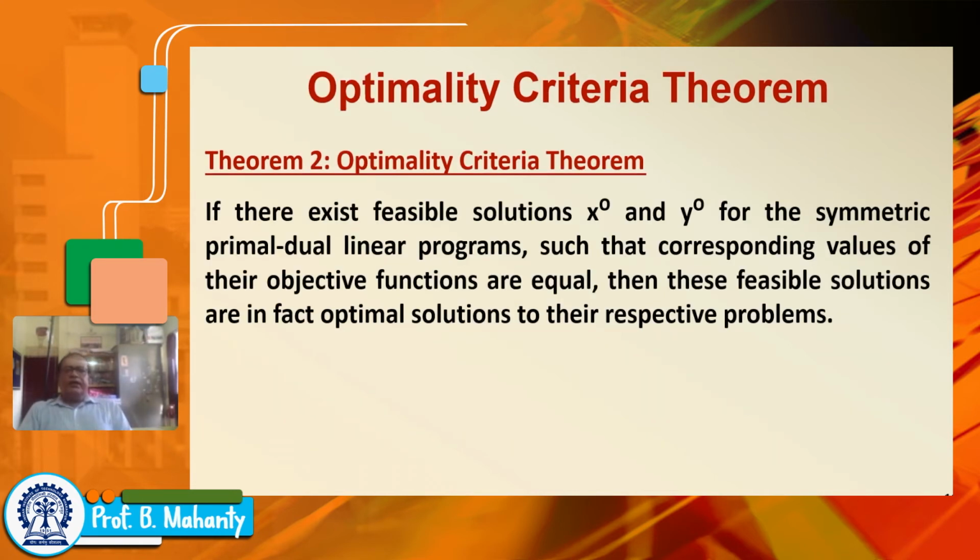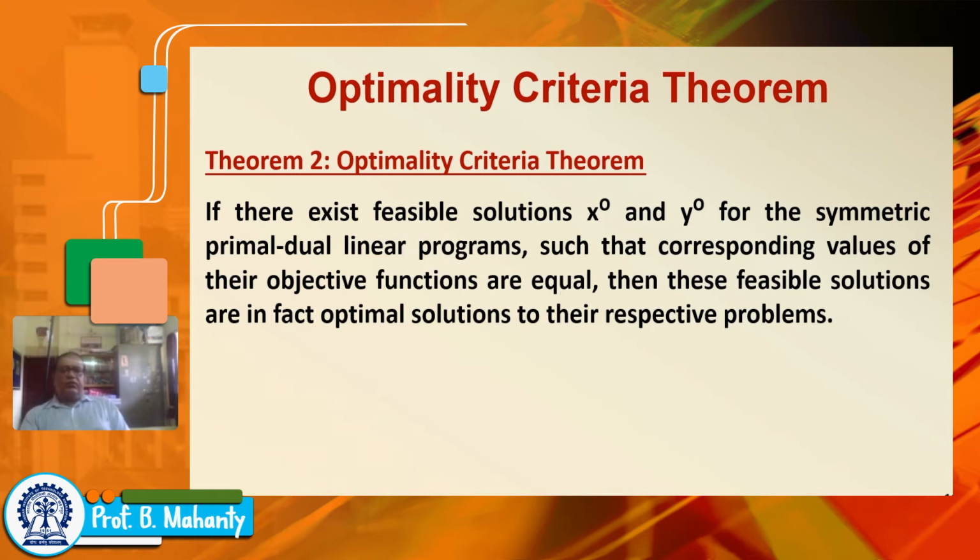Now, having said that, let us look at some more very important theorems. In fact, there are 3 others. The second one, optimality criteria theorem. It says that if there exist feasible solutions x0 and y0 for the symmetric primal dual linear programs such that corresponding values of their objective functions are equal, then these feasible solutions are in fact optimum solutions to their respective problems.